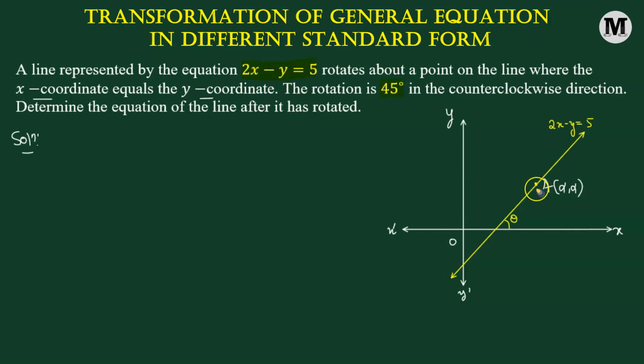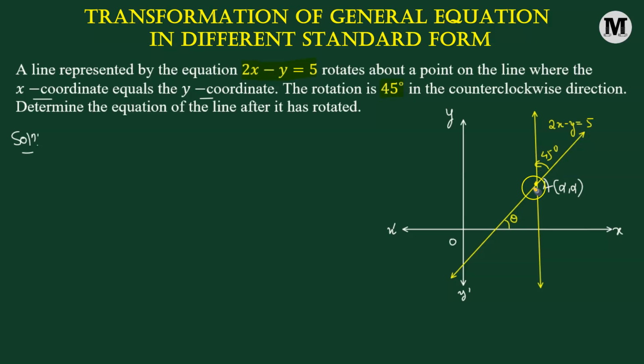Now about this point A, we're going to rotate this line 45 degrees in the counterclockwise direction. So here we have the same line 2x minus y equals 5. This line has been rotated 45 degrees counterclockwise, and we have to find the equation of this line after it has rotated 45 degrees.